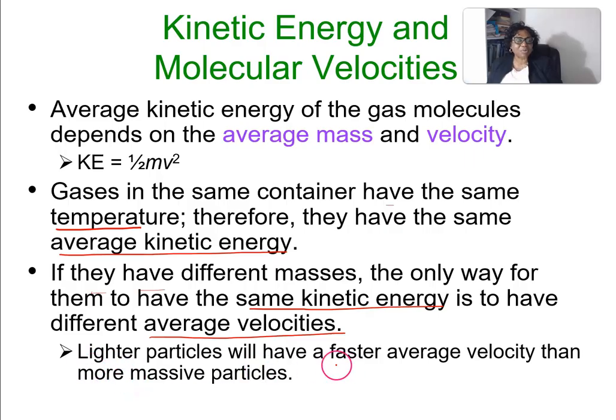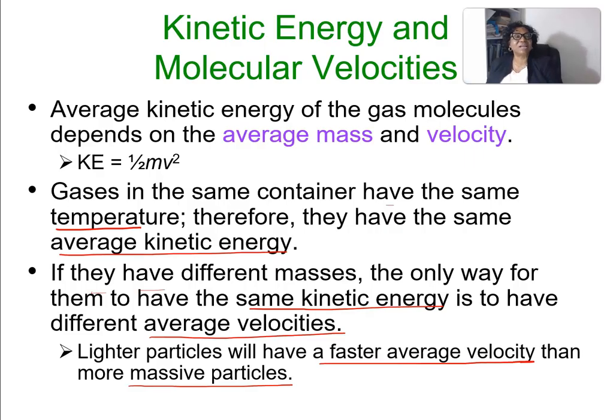Lighter particles will have faster average velocity than the more massive particles. It means the lighter particles will move very fast compared to the ones which are massive.